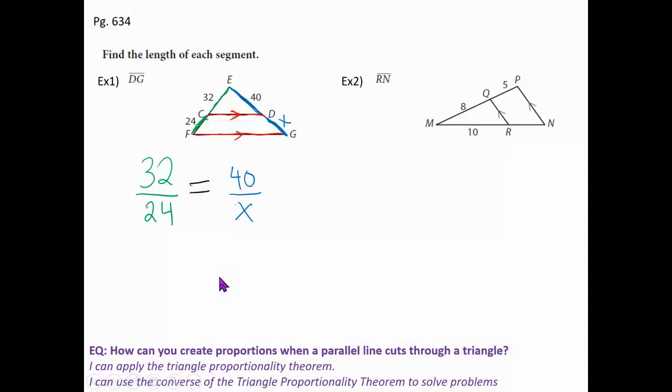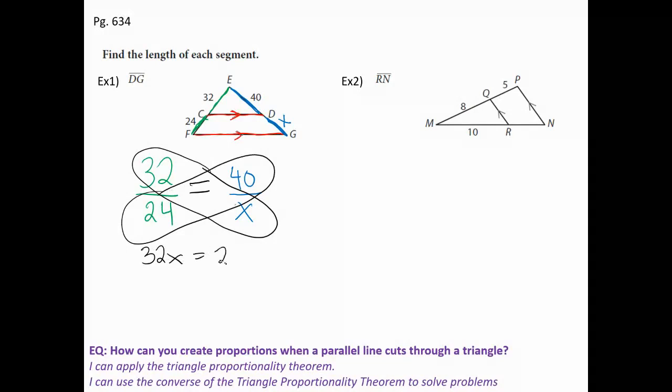All right, so then it's just like our similarity proportions when we were working on those similar triangles. We're going to cross multiply. So we're going to multiply these together. So it's going to be 32x times these two, so I'm going to put 24 times 40. And remember, like I said, you can use a calculator for this.